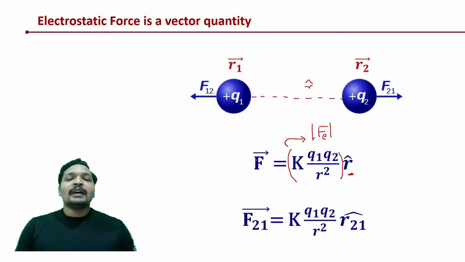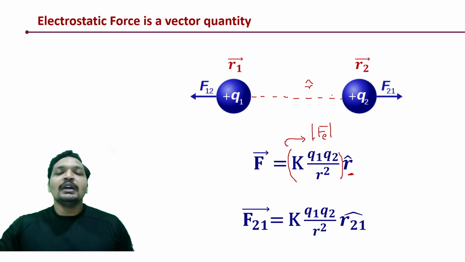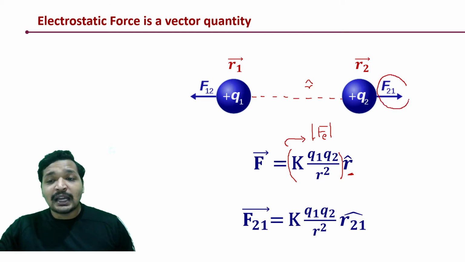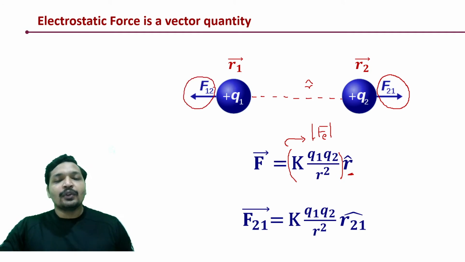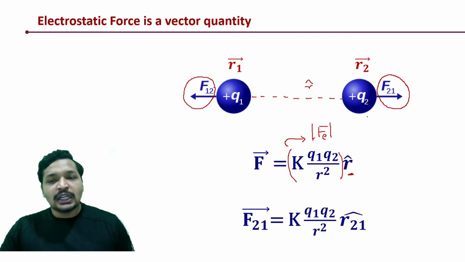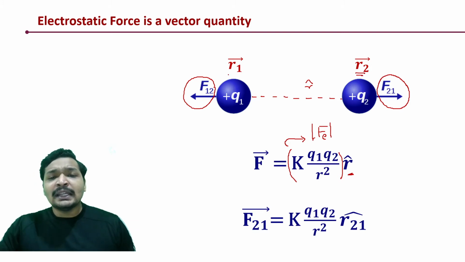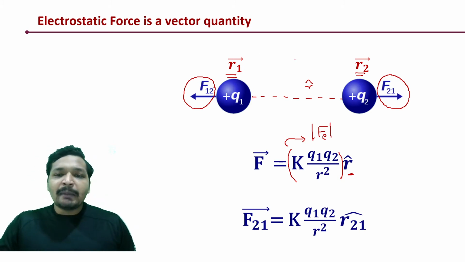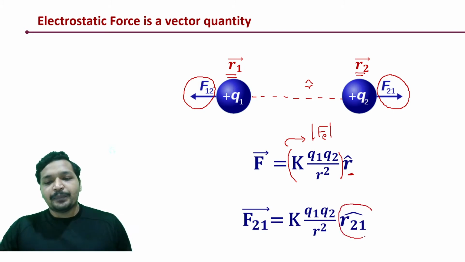What the r cap is depends upon which force we are talking about, whether the force acting on charge q2 or the force acting on charge q1. Let's say we are trying to find the force on charge q2. Then r cap is nothing but r2 minus r1, that is final minus initial, divided by the magnitude of r2 minus r1, basically r21 cap.